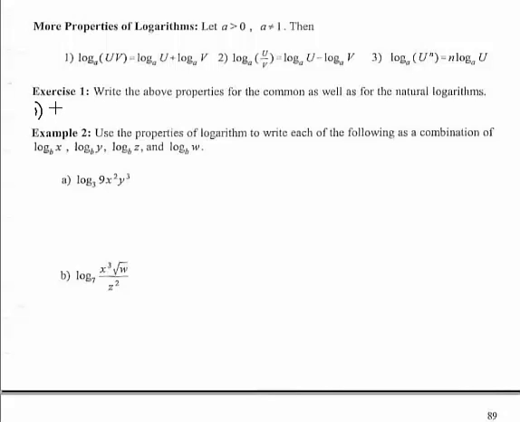As long as the base is positive, then these properties will apply. So I could write the first property as log of uv equals the log of u plus the log of v. Likewise, I could write ln of uv equals ln of u plus ln of v.